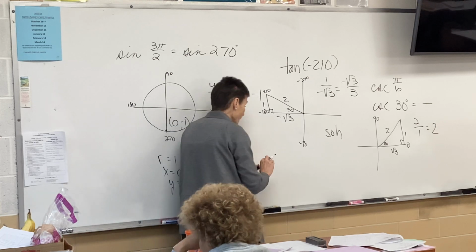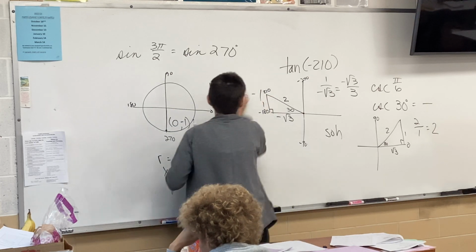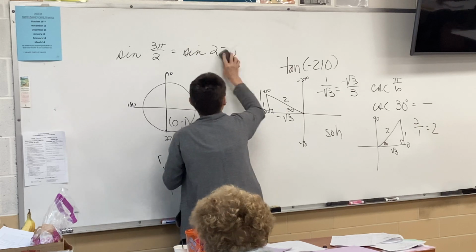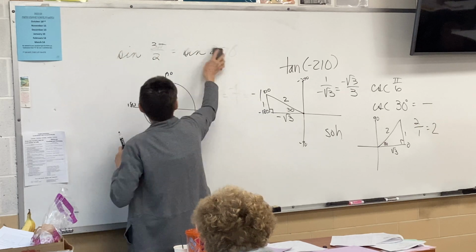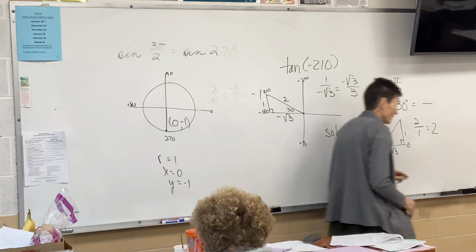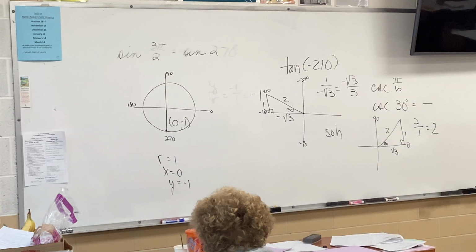And then cosine 225. Oh my gosh, I don't know what is going on with this board. It's bad news. I tried a new eraser, I thought that might work, but it didn't work.